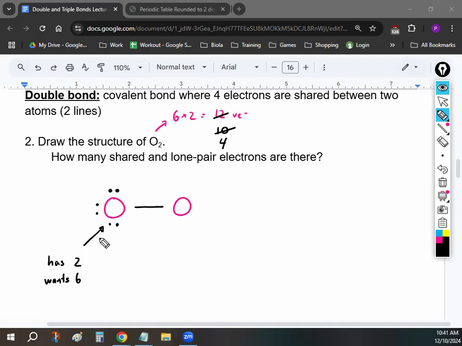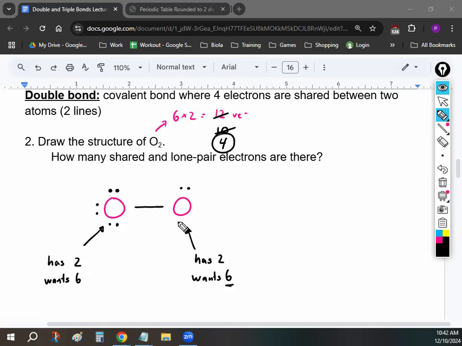The problem is, if you look at the oxygen on the right side, how many electrons does this one have right now? 2. Same thing, which means it also wants 6. And you can kind of see the problem, because it wants 6, but if we give the one on the left 6 electrons, we only have 4 that we can give this oxygen.